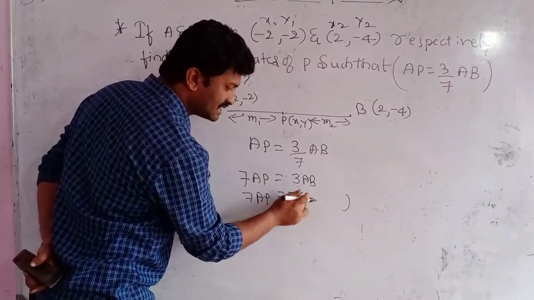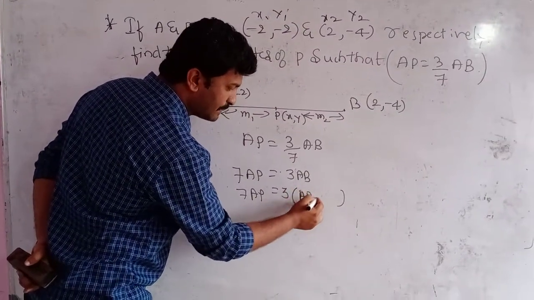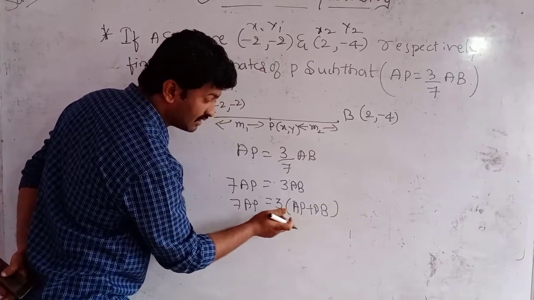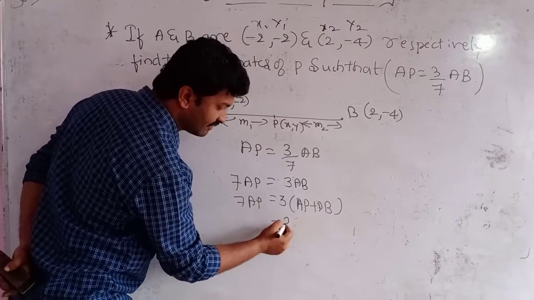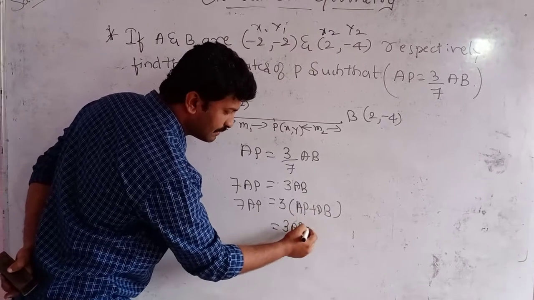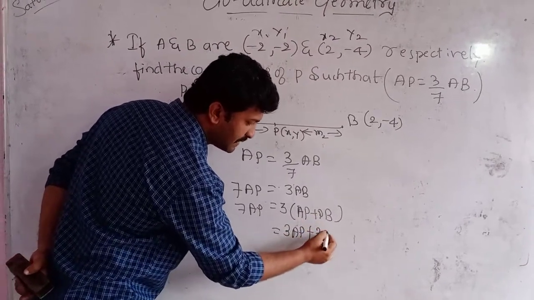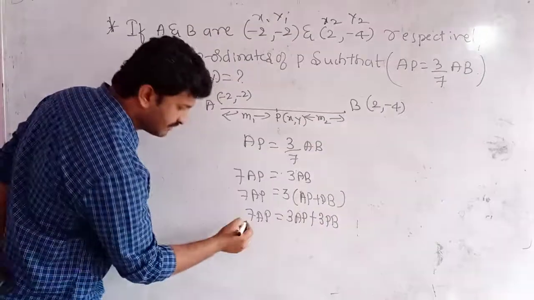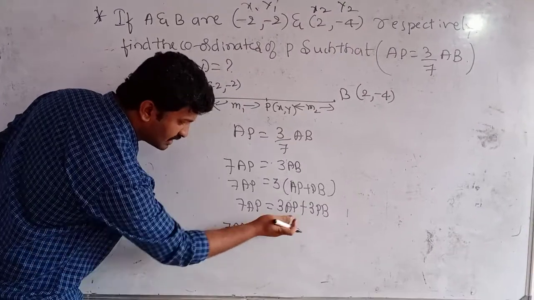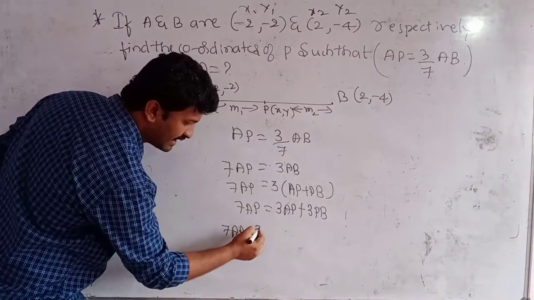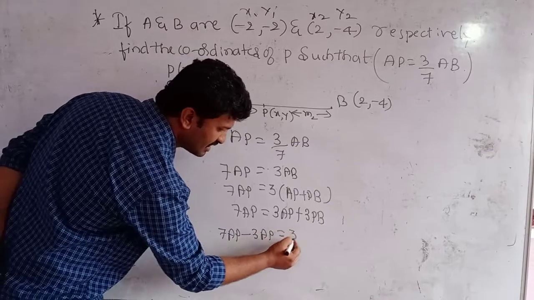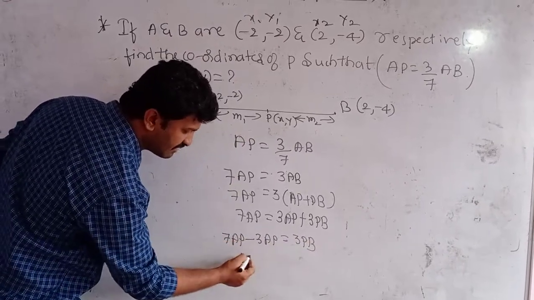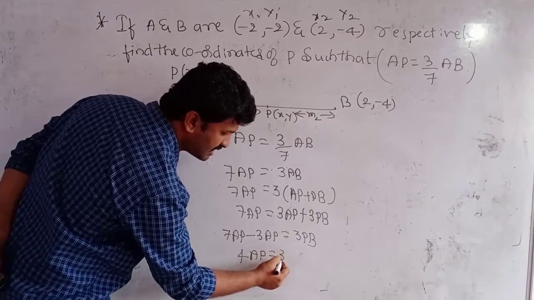Remove the bracket by multiplying 3 inside: 3 AP plus 3 PB. Now taking the same variable to one side, 7 AP minus 3 AP equals 3 PB. How much remains here? 7 AP minus 3 AP, 4 AP equals 3 PB.